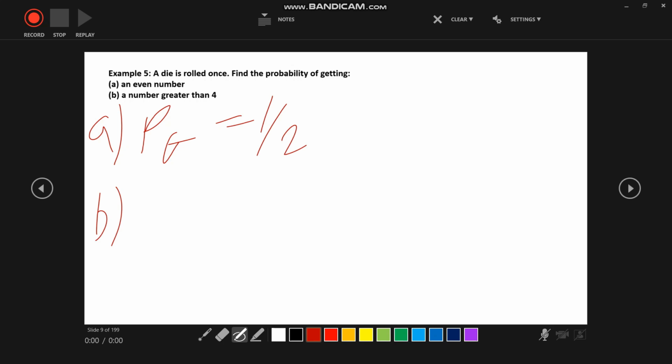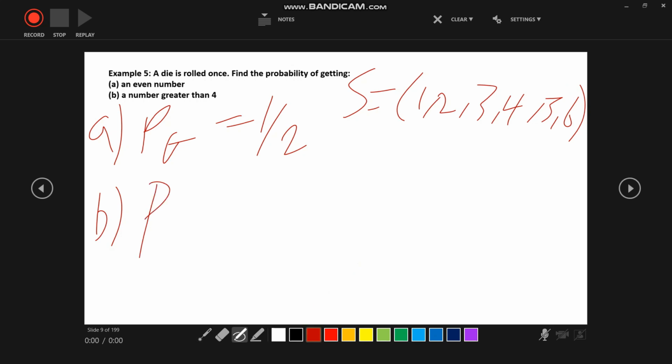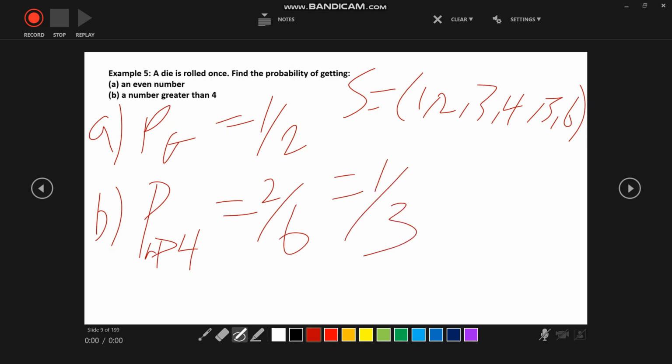This is our sample space, remember, 1, 2, 3, 4, 5, 6. You come to this sample space and check the numbers that are greater than 4: 5 and 6. So they are 2. So the probability of getting a number greater than 4 will be 2 over 6, and this will be 1 over 3.